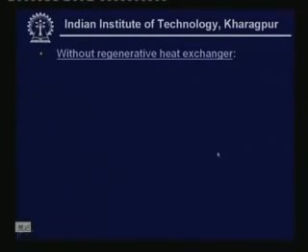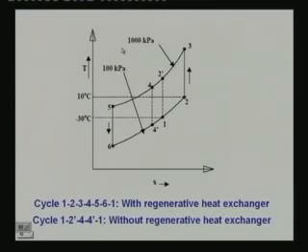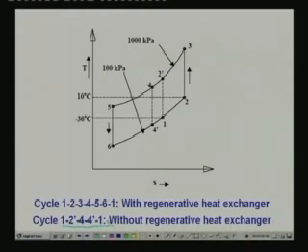Now the second part of the problem is we have to compare the performance of this system with a system which does not have regenerative heat exchanger. That means a simple system. So for a simple system, I will just show the TS diagram. You can see that in a simple system, the cycle is given by 1, 2 dash, 4, 4 dash.